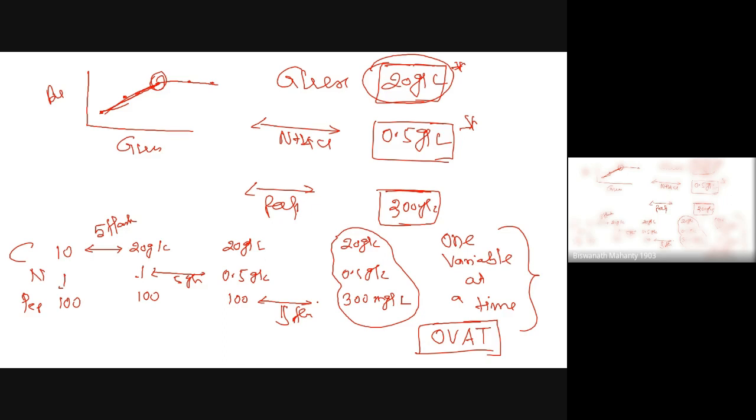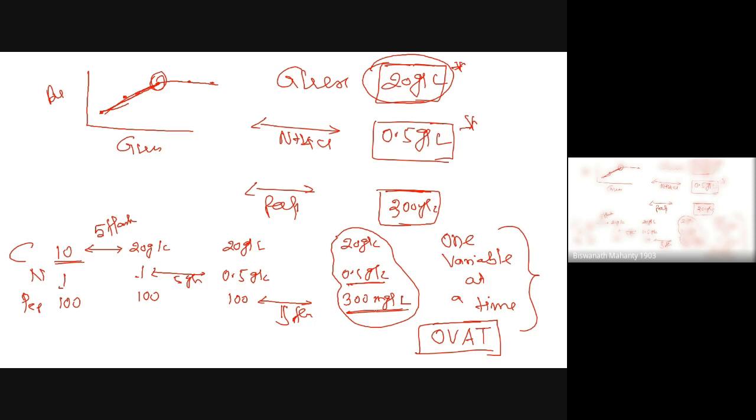So I'm definitely doing some test, but this study is having many problems. First problem is that, okay, we have done something, but have we ever tested that this 300 milligram and 10 gram per liter of glucose, maybe 0.5 gram per liter of this nitrogen will not be better? Have you tested anyway? Can you certify that?